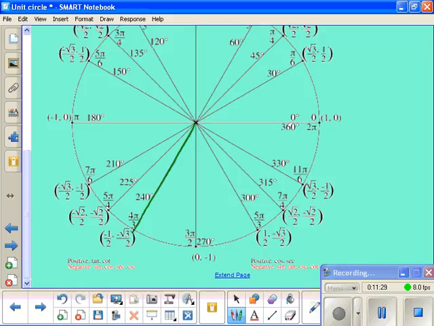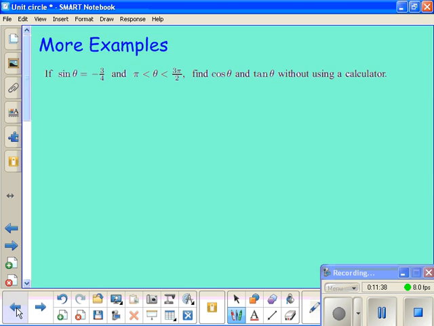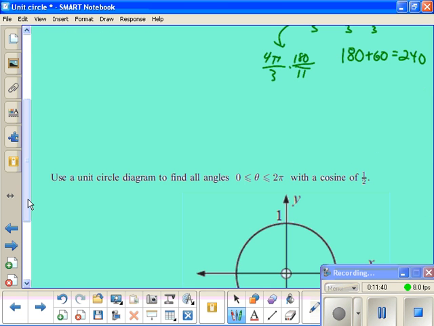So the sine is negative square root of 3 over 2. Cosine is negative 1/2. Sine of 4 pi over 3 is negative square root of 3 over 2. Cosine of 4 pi over 3 is negative 1/2.